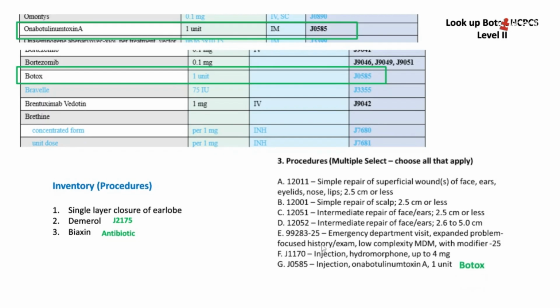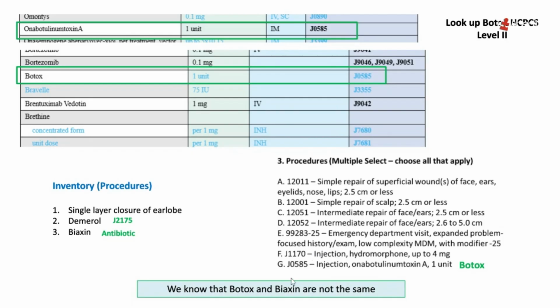So I know J0585 is Botox. So this is the name, and the point that I want to make is that drugs fall into classifications, right? Yeah, so they fall in these specific classifications, and the classifications are going to help me determine if Biaxin is in the same classification as this Botox, and if Biaxin is in the same classification as this hydromorphone.